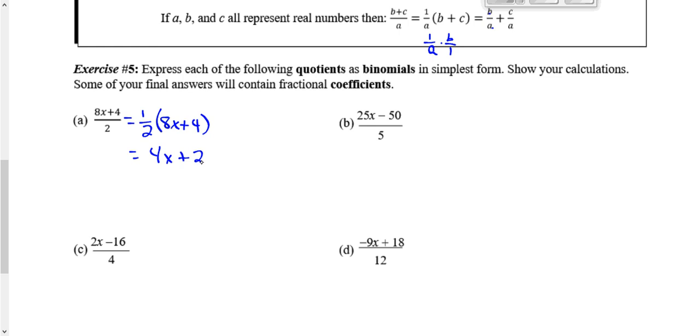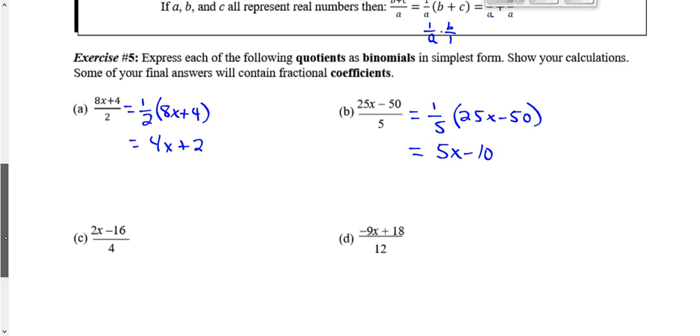Now we can distribute. What about part B? Rewrite it how? 1/5 times parentheses. There you go. What's 1/5 of 25x? 5x minus 10.